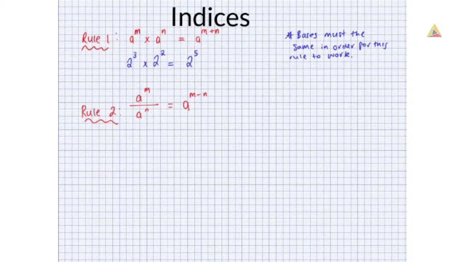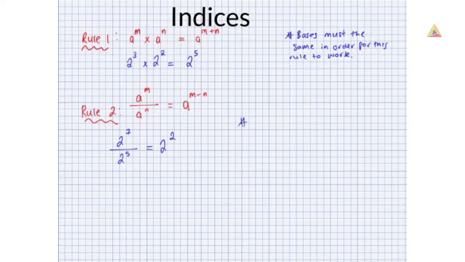If they are, your answer is a to the power of m take away n. I'm going to do an example just to clarify that as well. If you had 2 to the power of 7 divided by 2 to the power of 5, because these bases are the same, your answer is 2 to the power of 7 take away 5, which is 2. And that's the answer there.